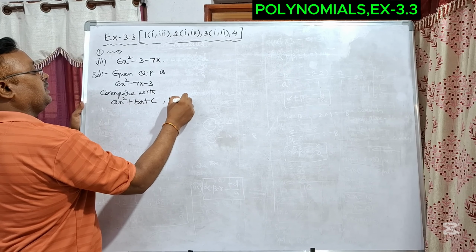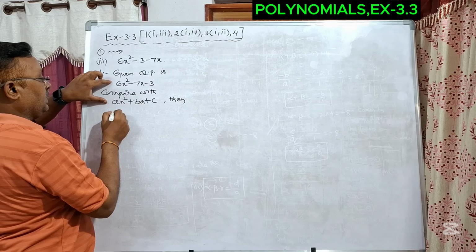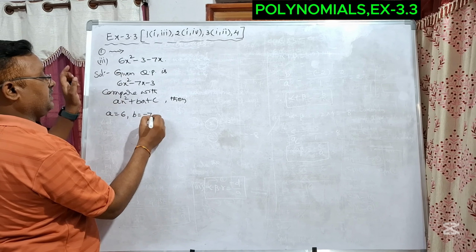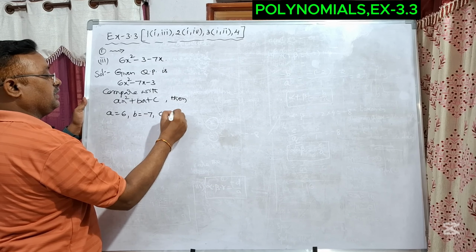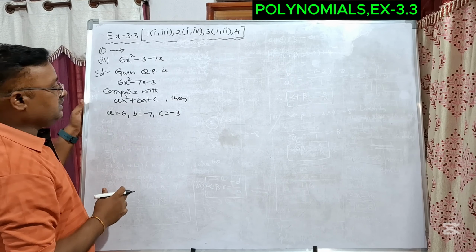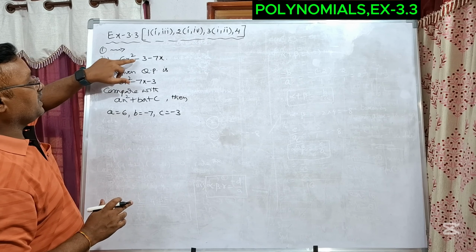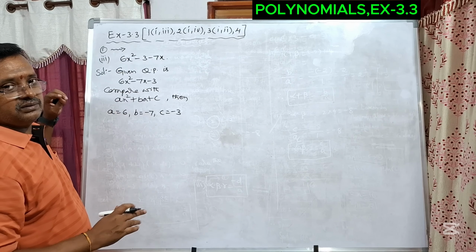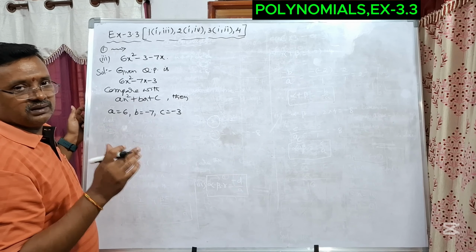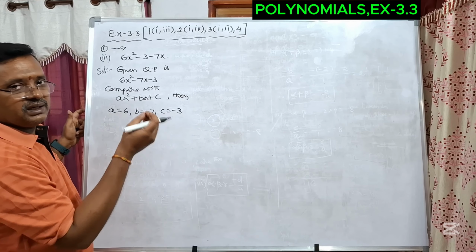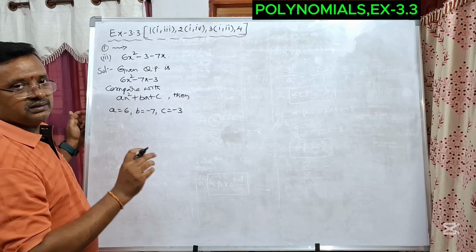Then x square coefficient, a value equal to 6, x coefficient, b value equal to minus 7, constant, c value equal to minus 3. These are the three coefficients after proper arrangement. Otherwise, we will simply take the wrong coefficient values and the total problem will become wrong. So they will try to confuse us. To avoid that, please be careful whether they are in proper order or not.